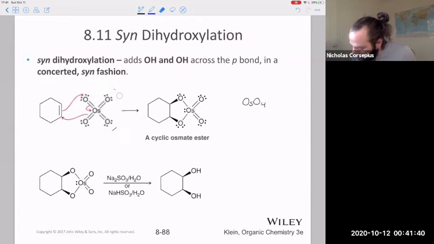Reacting an alkene with osmium oxide, you will get a syn addition of that osmium oxide, where both oxygens are bound to the same side. If you treat that with sulfurous acid and water, that'll cleave off that osmium oxide, leaving you with two OH groups that are now on the same side. So this is a syn diol, or there's been a syn addition of those two alcohol groups.